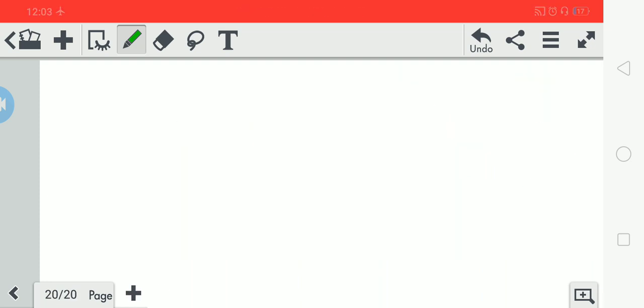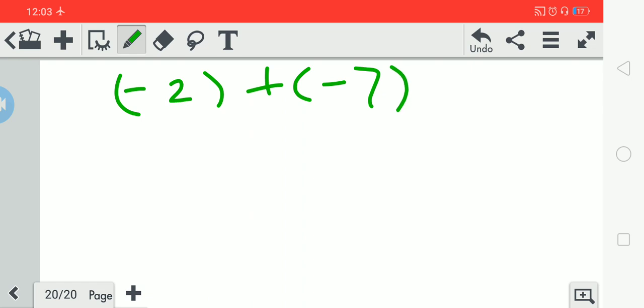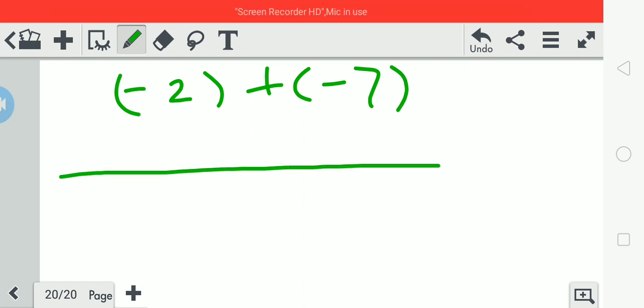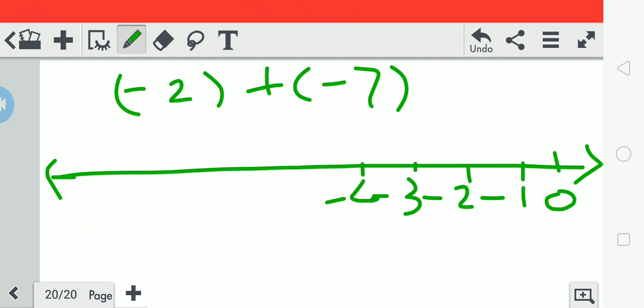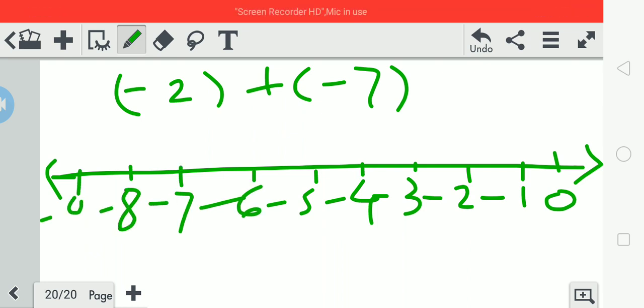This was the kind of question when both numbers are negative. We will see another kind of question. Question number B is minus 2 plus of minus 7, right? Same way both numbers are negative again. So 0, minus 1, minus 2, minus 3, minus 4, minus 5, minus 6, minus 7, minus 8 and minus 9.